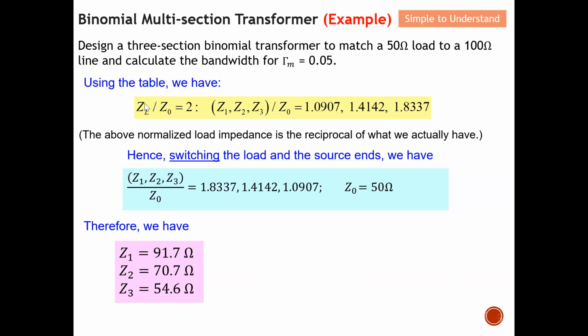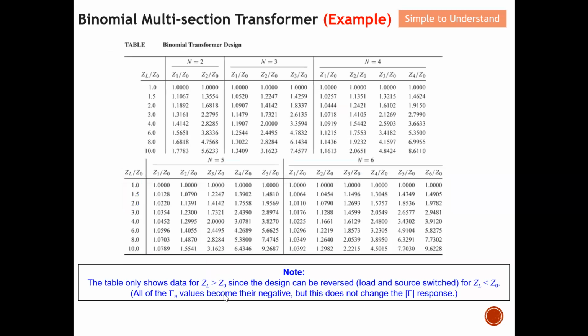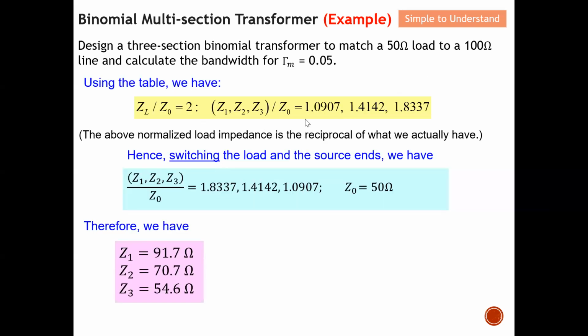So basically we need to know how to make use of the table. From here you can see that ZL over Z0, for this case here, the ZL is 50 over 100. As the table mentioned here, they can be reversed. If you take a look at this particular column here, the value is at least equal to 1 or more than 1. So therefore, I cannot have this scenario of using 50 over 100.